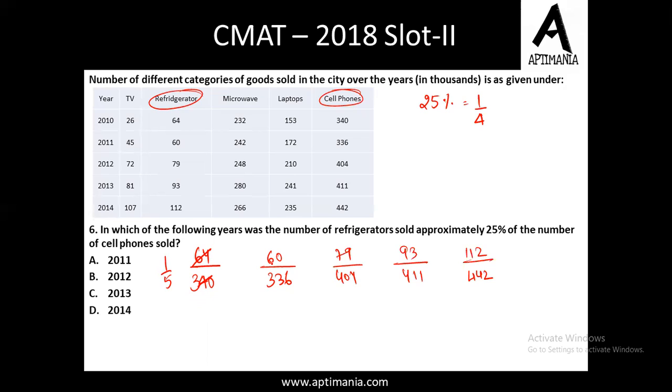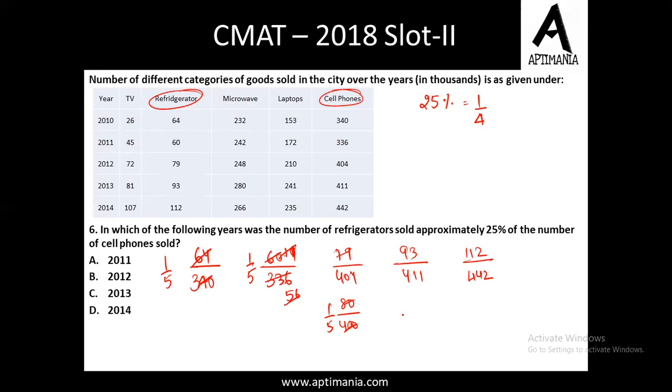For the second, if we reduce it by 6, we'll have 10 upon 56. 10 upon 56 is approximately, if I take it as 11 upon 56, approximately 1 by 5 again. That's close to 20%. Let's go ahead for the third one. If I approximate 79 as 80 and 404 as 400, I'll find it to be 1 by 5 again. That's again approximately 20%.